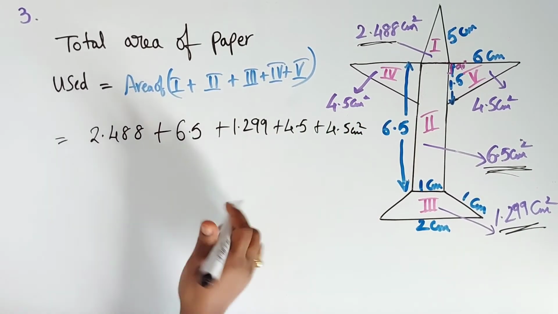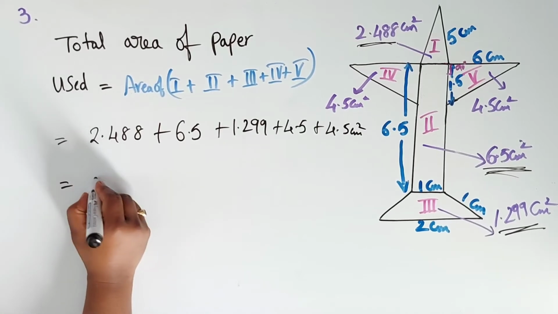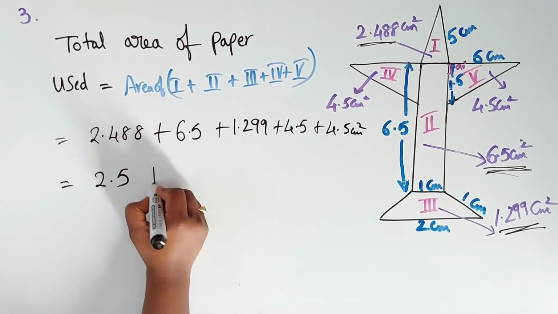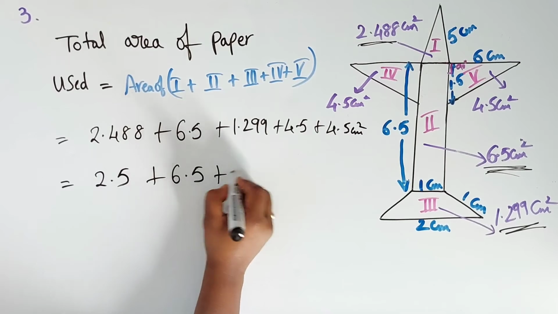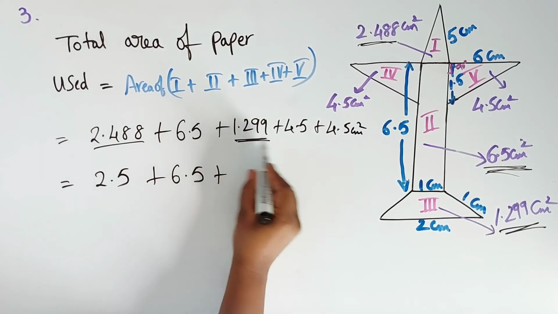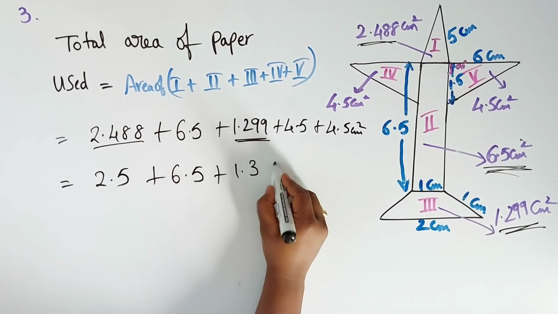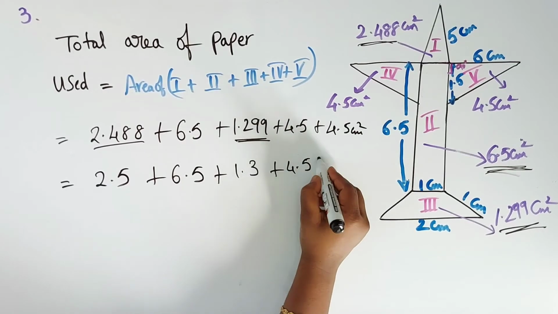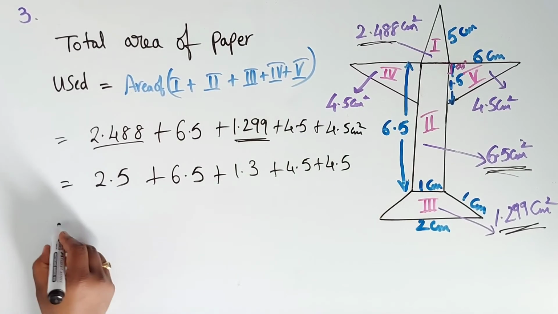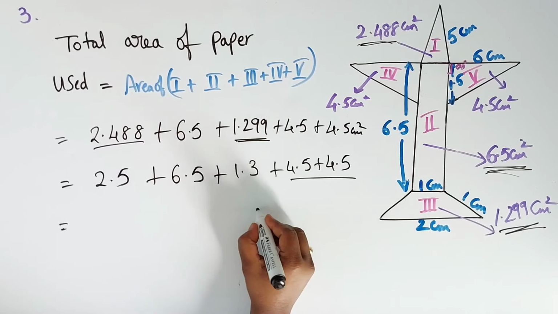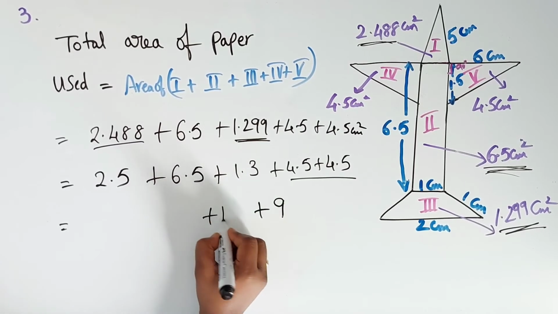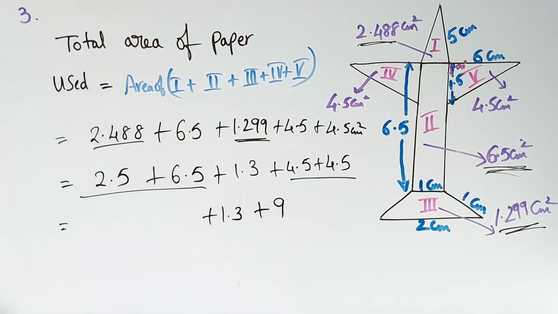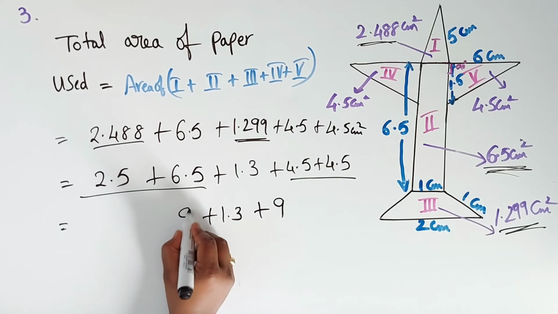Right, children? Here we can take 2.488, children, 2.5 approximately, plus 6.5 here. Here also 1.299, so I'll take it as 1.3, plus 4.5 and 4.5 again. Right, children? 4.5 plus 4.5, it is 9, plus 1.3, 2.5 plus 6.5 again 9, children.